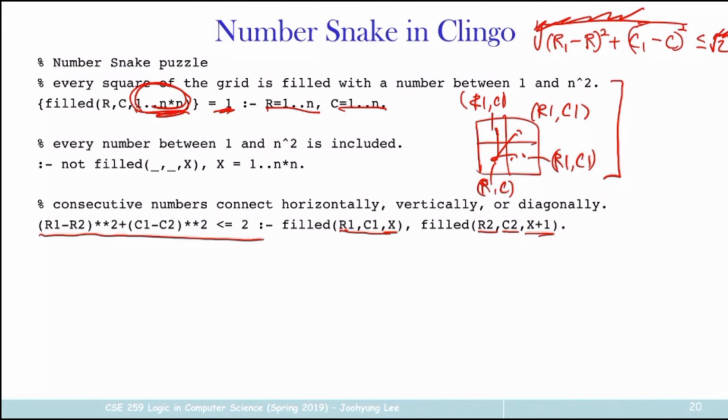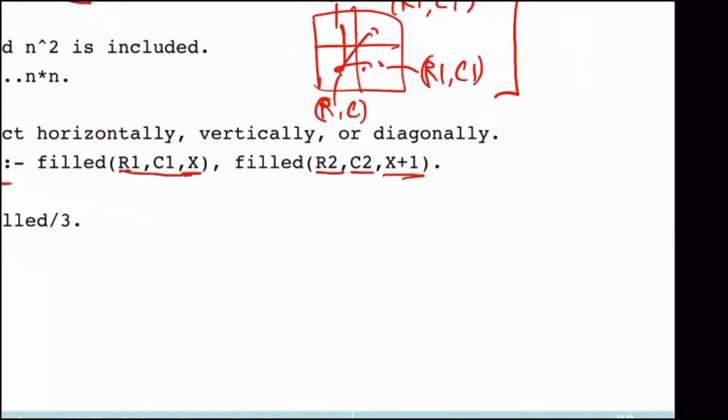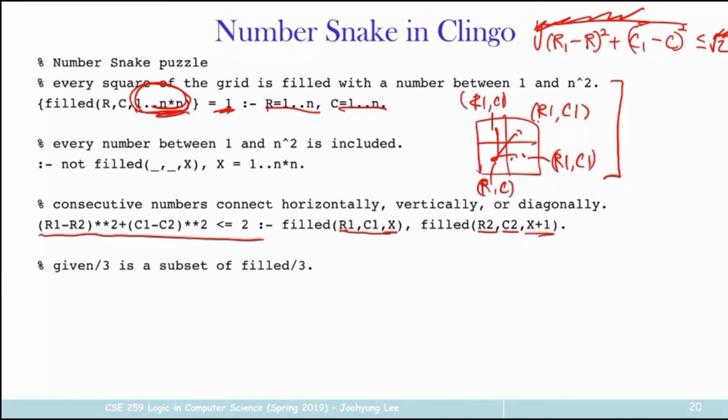For instance, if I play with this position here, suppose it goes 2 horizontally. Then this is not less than or equal to 2. It's 4. This position minus this, squared, gives 4, and 4 does not satisfy this.